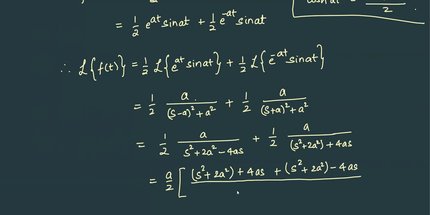Oh sorry, this is 2as. So this becomes 4a square s square.